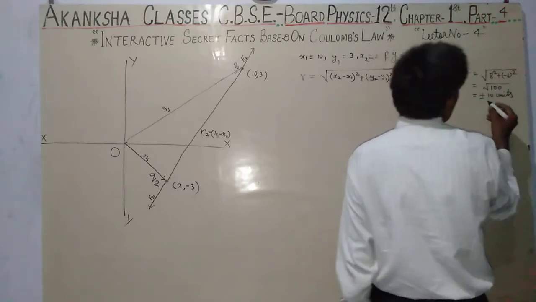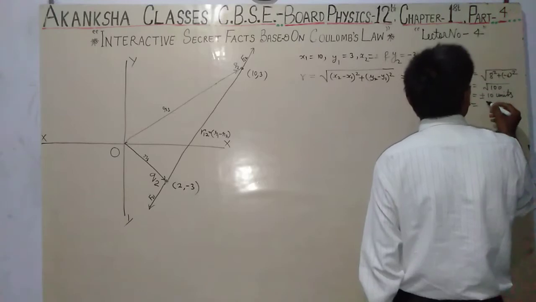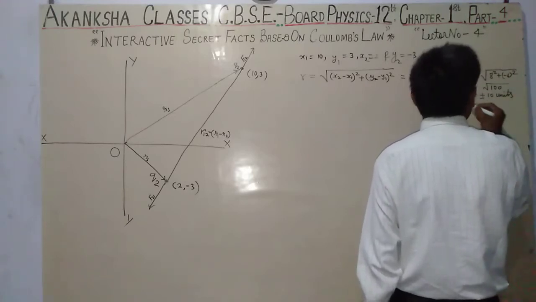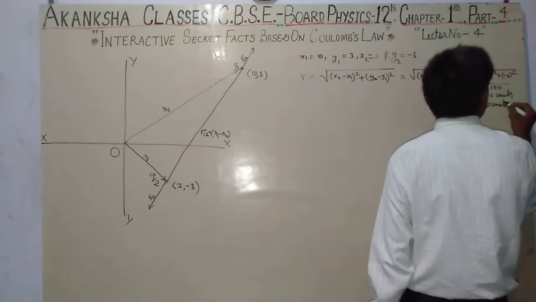As we know, distance can never be negative, hence we take the value of R equals 10 units.